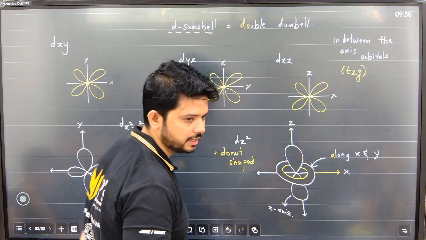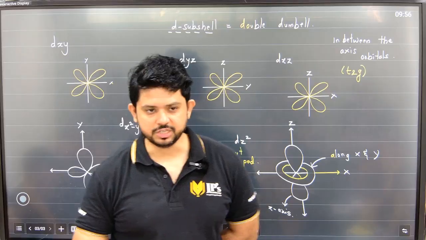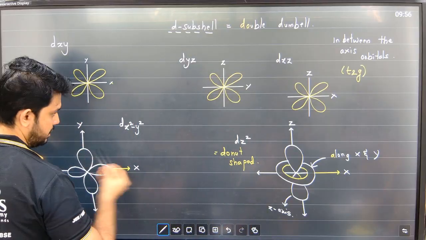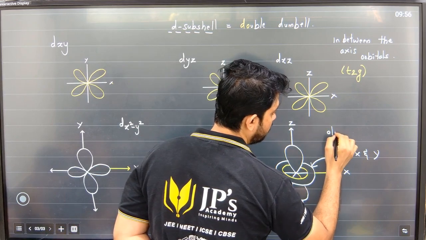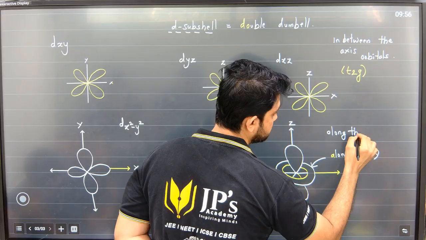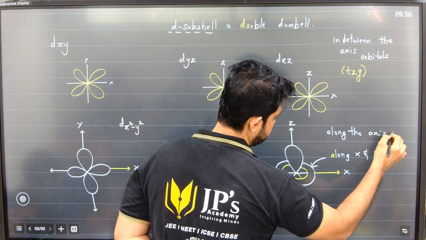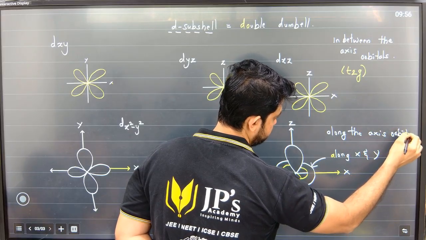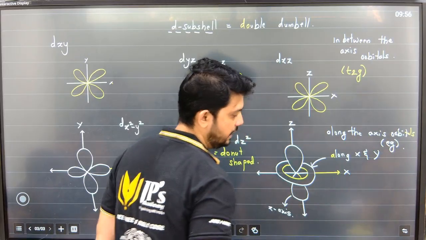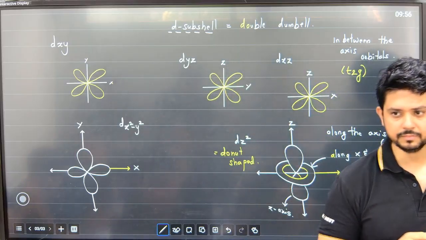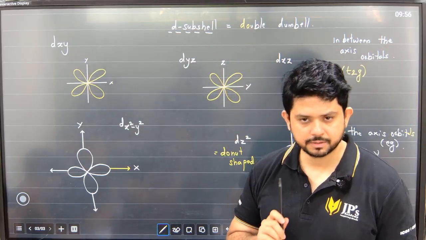We call them T2G. The bottom two are called along the axis orbitals, also known as EG. These are the different shapes.